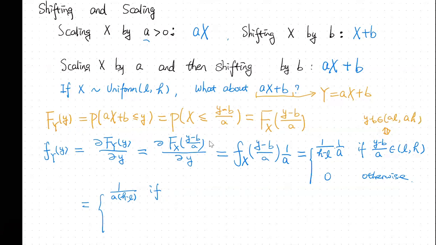And that is equivalent to y belonging to [aL plus b, aH plus b]. So that condition can be equivalently written as y belongs to [aL plus b, aH plus b], and 0 otherwise.